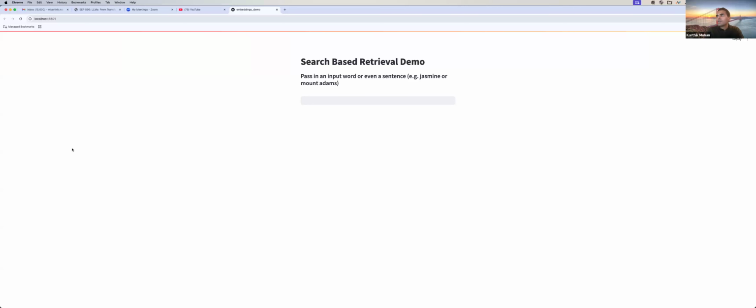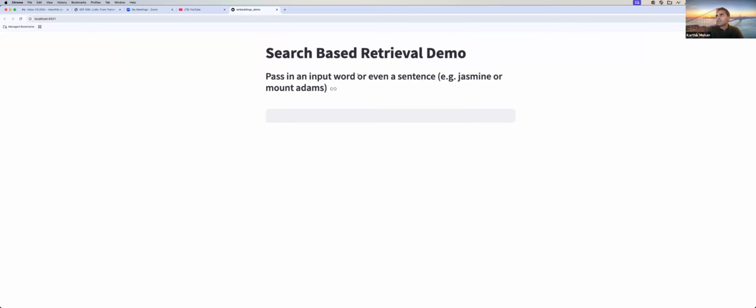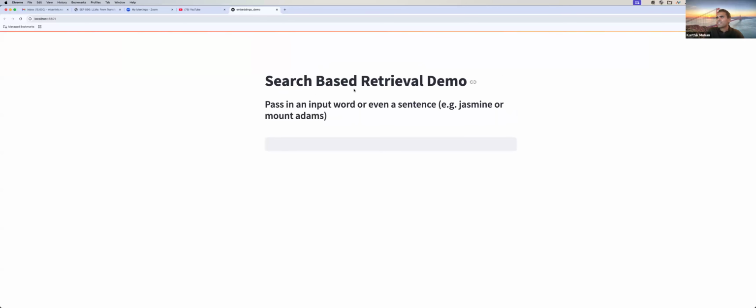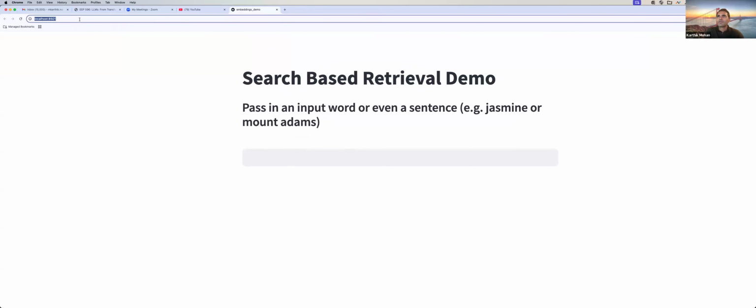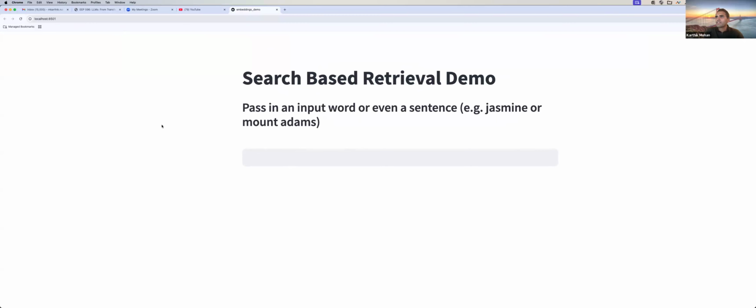Let's take a look at a demo on semantic search. This is a semantic search demo. It's really basic. I think it could be better, but maybe you guys can work on making it better. It's based on Streamlit, but it's hosted locally, and you will get an opportunity to work on Streamlit demos like this, more sophisticated, more complete, and you can also host it on the web.